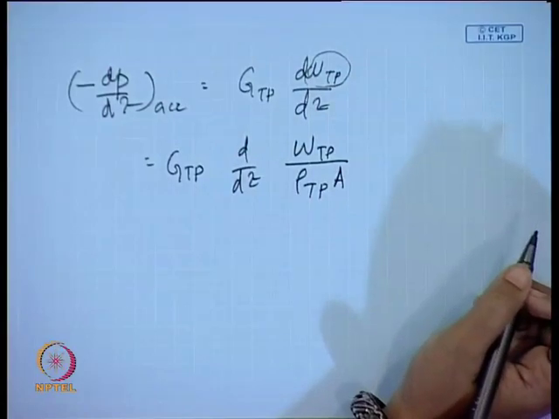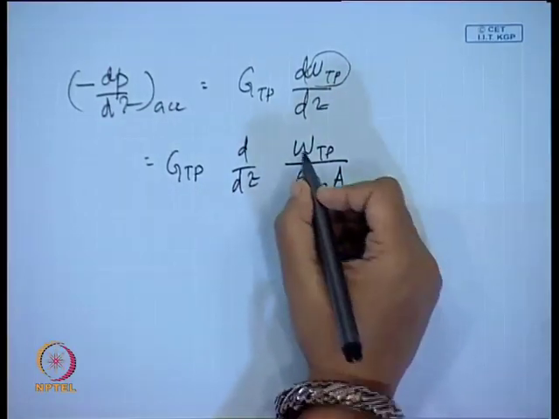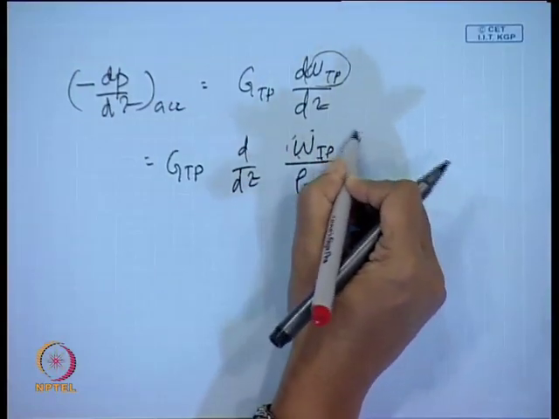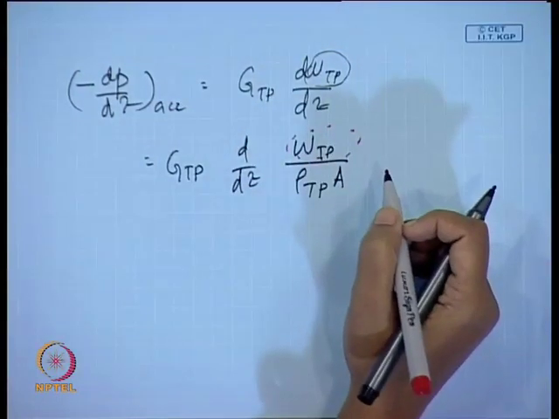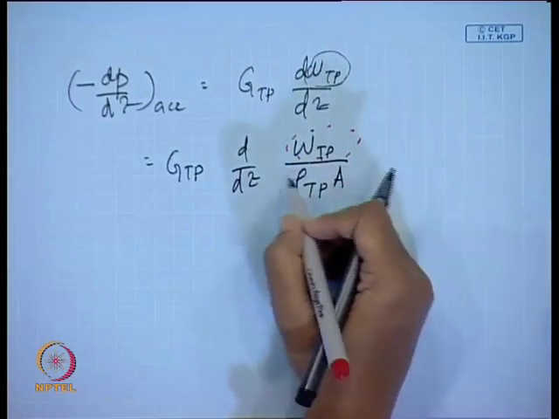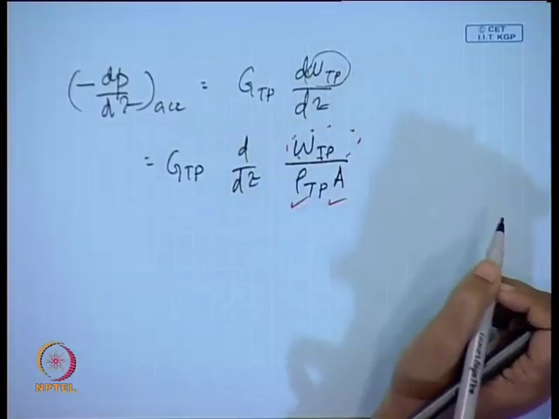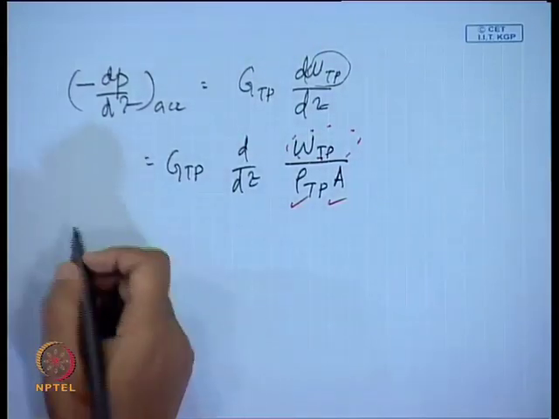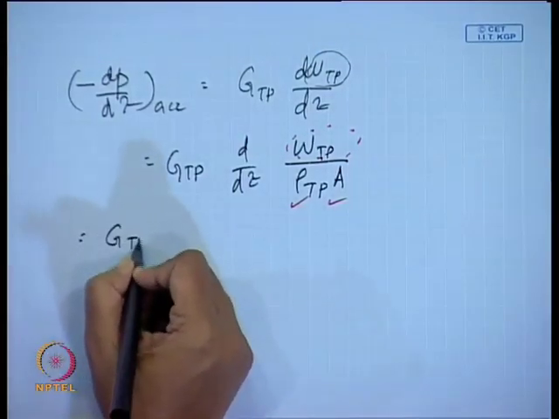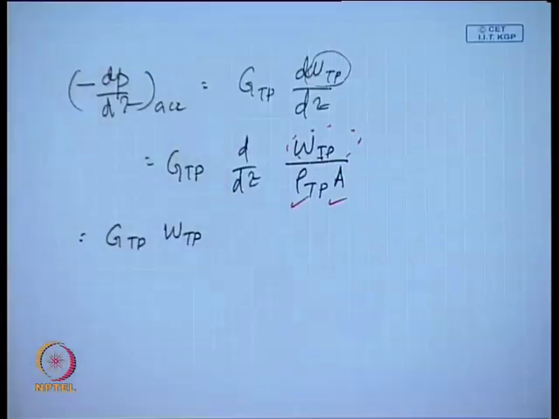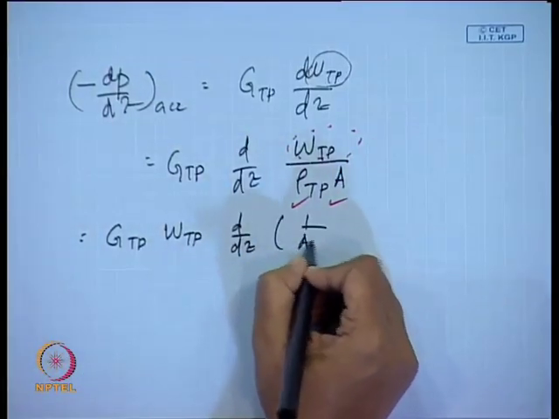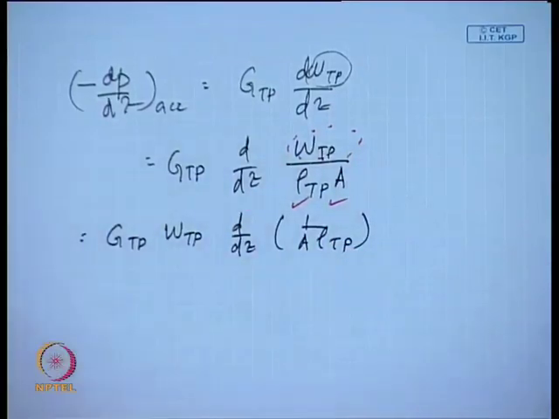Can we do this? Agreed? This particular term is constant. The things which will be affected with distance, just because pressure changes with distance, are this term and this term, is it not? So, we can write this down as, can we do this? Okay.